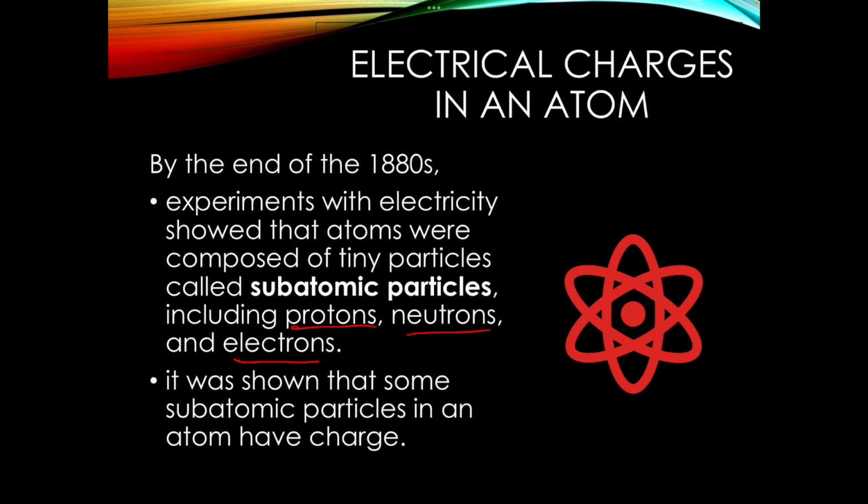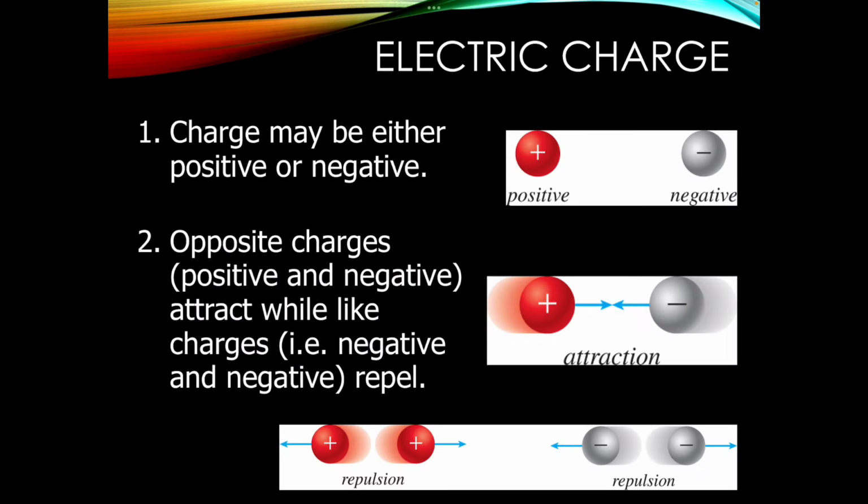When you hear this term subatomic, sub just means smaller than the atom. So our atoms are composed of protons, neutrons, and electrons. And it was shown that some of these particles have a charge. And so they started exploring more about these different charges and how these charges were arranged in the atom.